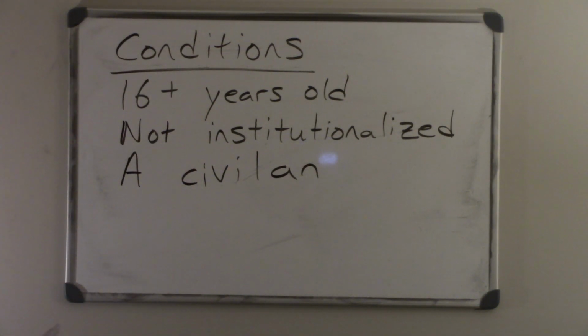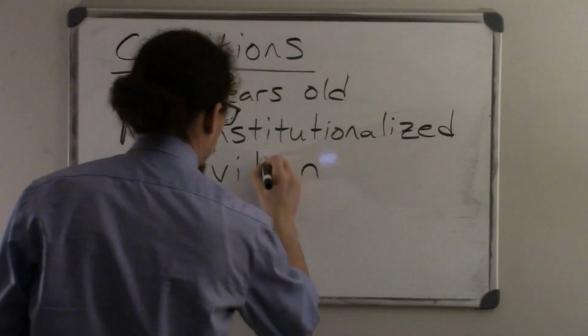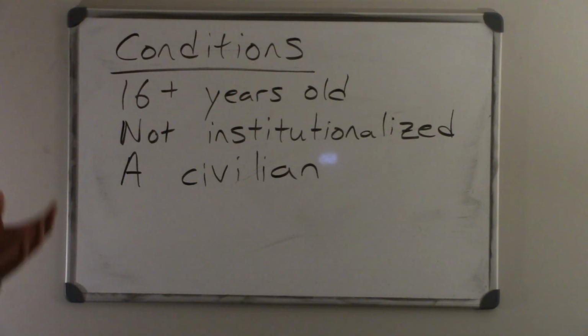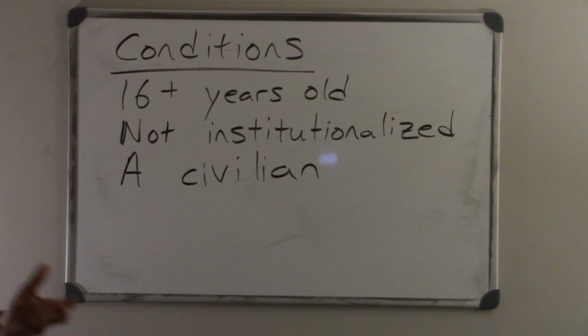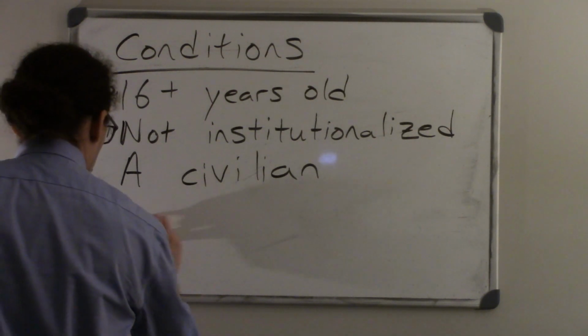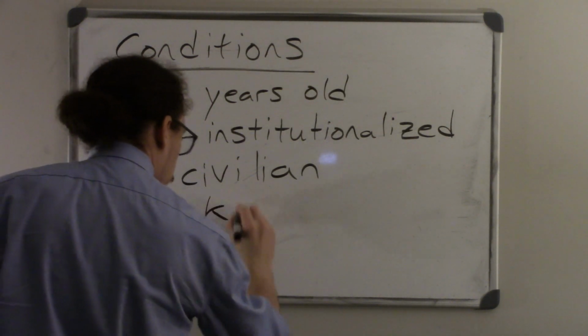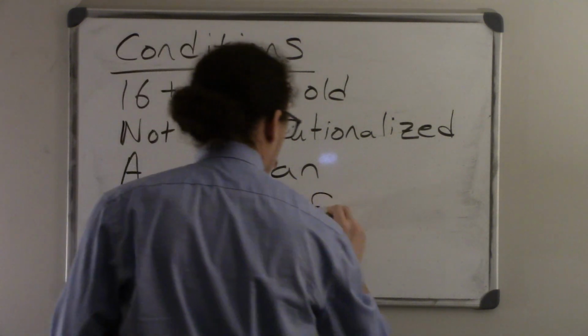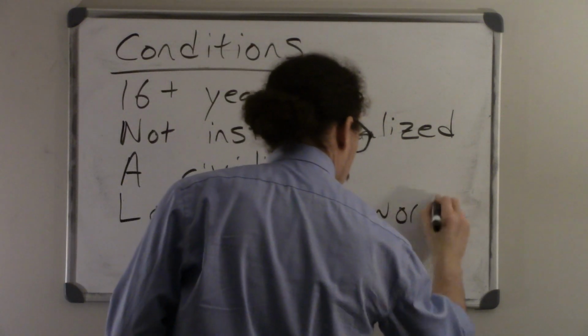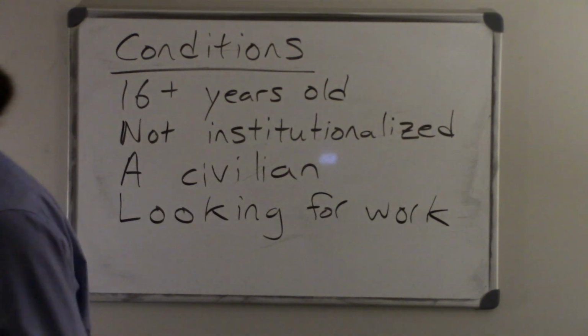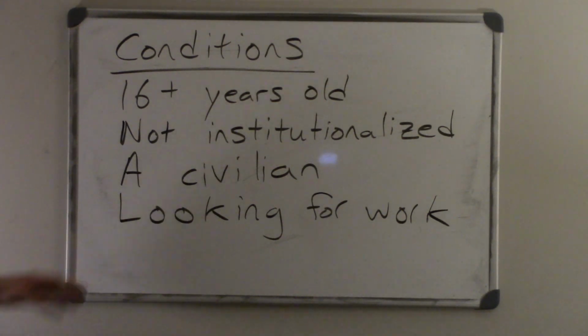They also must be a civilian. We do not include military personnel in these kinds of calculations. And then finally, as we said, the person must be looking for work.